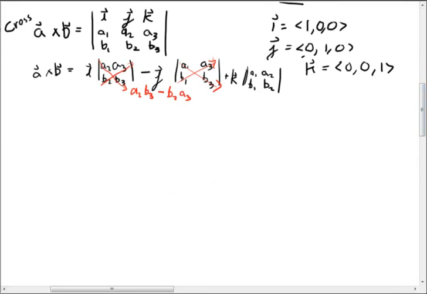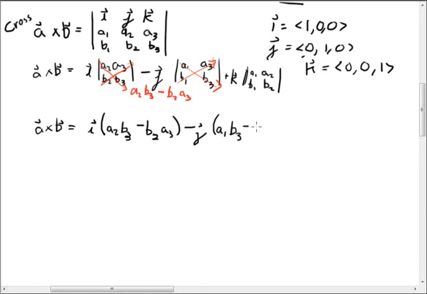So the final cross product formula would be A cross B is equal to I times A2 B3 minus B2 A3, minus J times A1 B3 minus B1 A3, plus K times A1 B2 minus A2 B1.